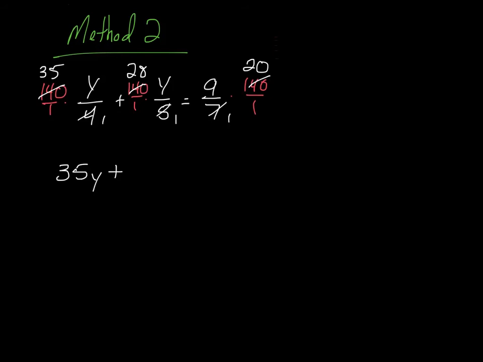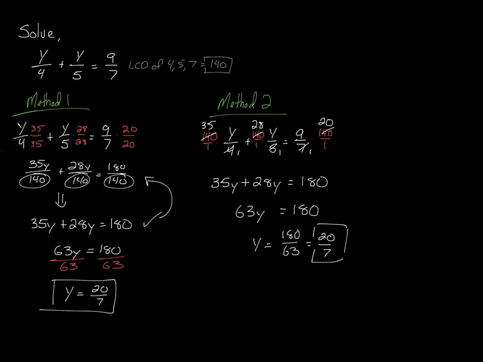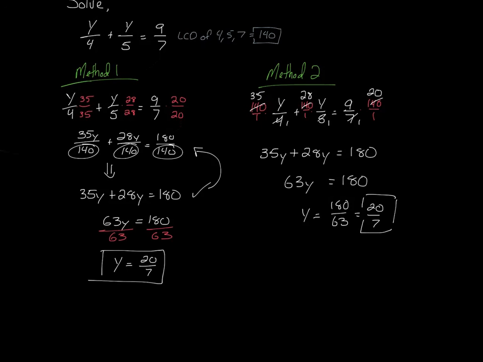The second term is exactly the same, but becomes 28y. And the last term, 9 times 20 over 1, which would be 180. And this obviously gets solved exactly the same way as the other equation, giving me the same solution of 20 over 7.